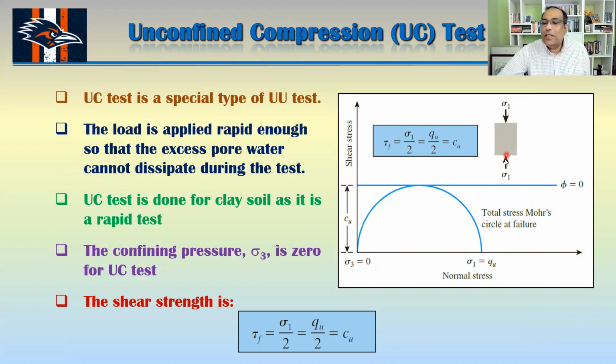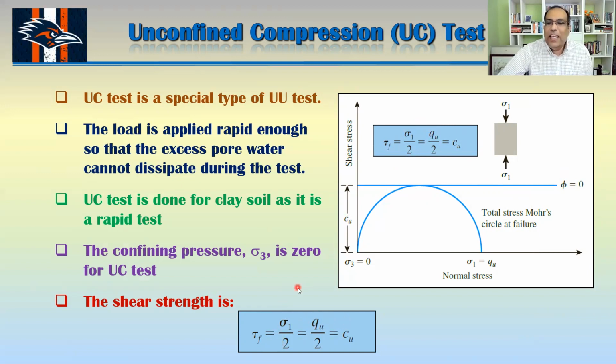This is sigma 1, and sigma 3 is 0. So for the phi equal to 0 situation, your cu, or tau f, is equal to sigma 1 by 2. So qu by 2 is your tau f, which we call the cu value of the unconfined test. That's what we are trying to show here.